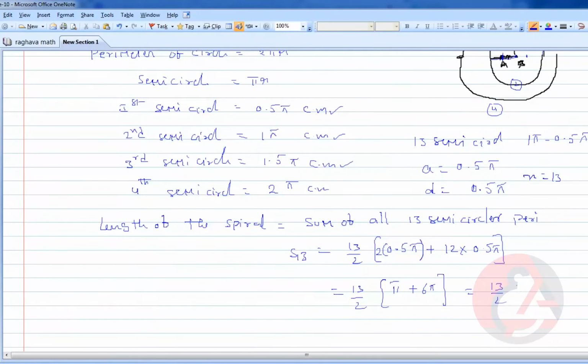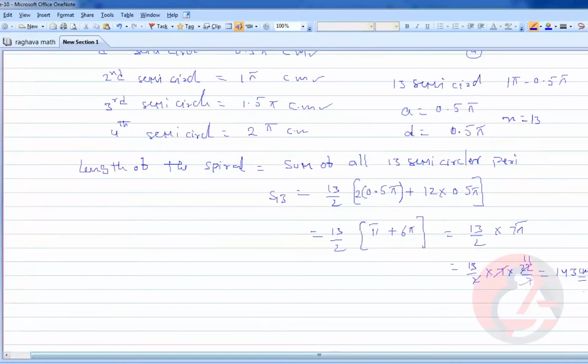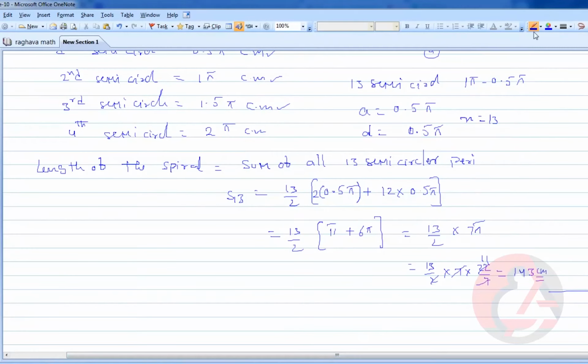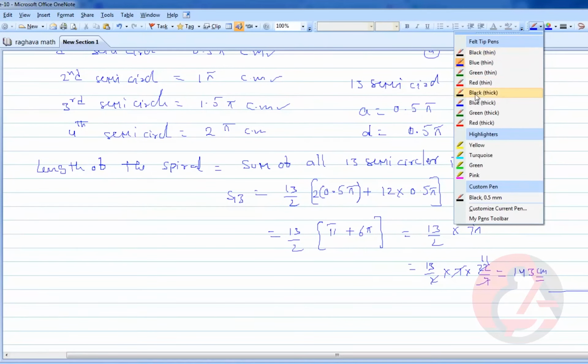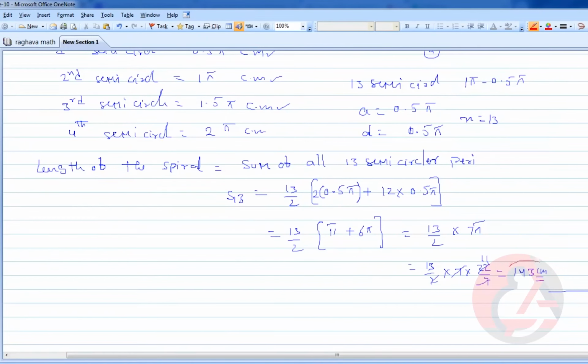So 13 by 2 into 7 pi. 13 by 2 into 7 pi is how much? 13 by 2 into 7 into 22 by 7. 7 cancels, 2 elevens. So the answer is 143 centimeter, the total length of the spiral.